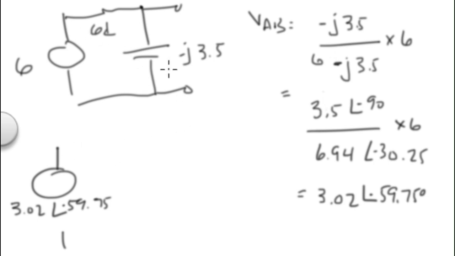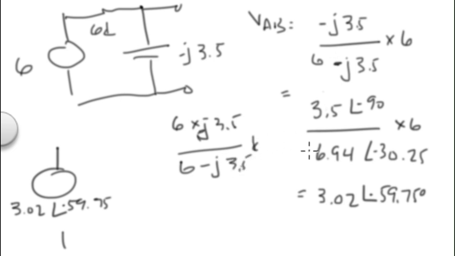It's going to be this times this over this plus this. So it's going to be 6 times J 3.5 over 6 minus J, there's a minus sign in there, 6 minus J 3.5, and the answer is going to be in K ohms.